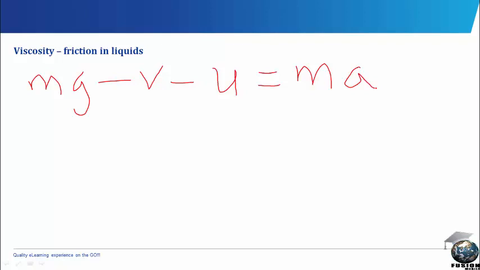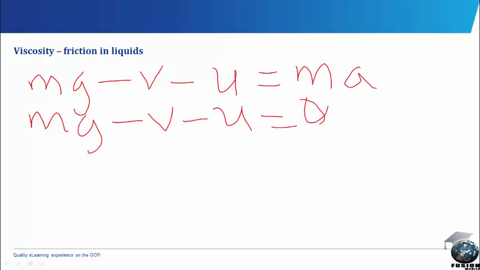Now, if this is true, when there exists no net force in the system, that means mass times acceleration is equal to 0. We have mg minus v minus u equal to 0.